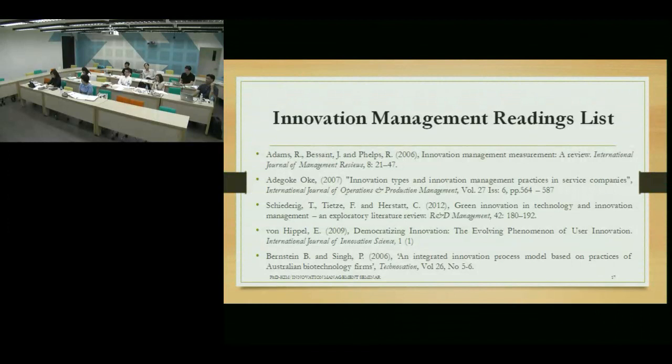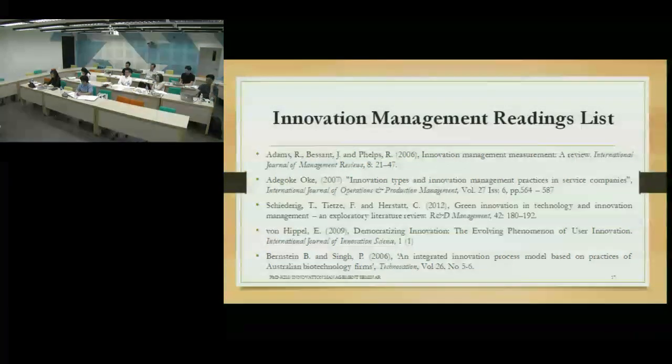You want me to go into detail on this? Okay, and the third paper is about types of innovation and interfirm cooperation. They discuss four types of innovation, which are product innovation, process innovation, incremental, and radical.